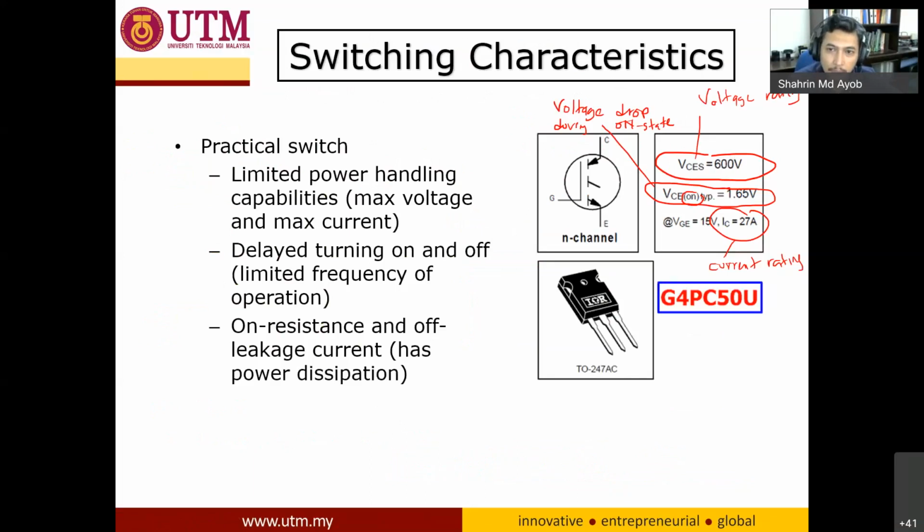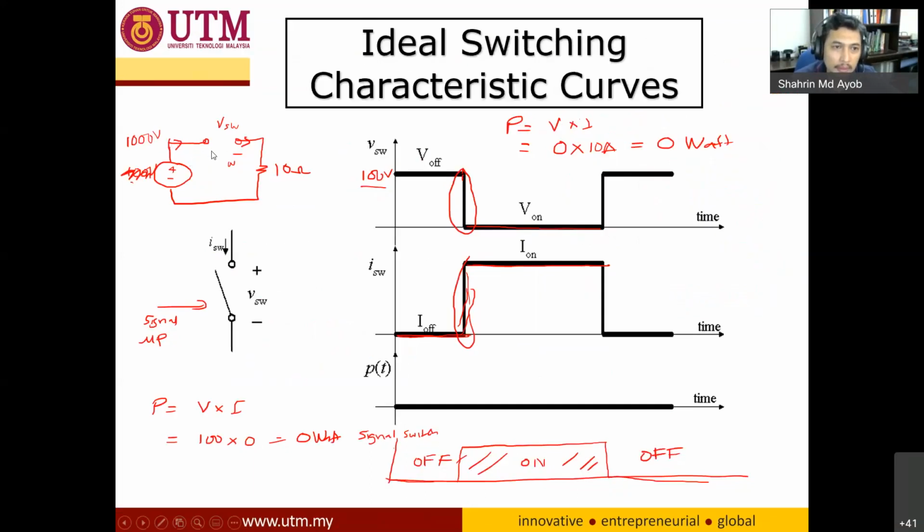For example, for this one, based on the KVL here, the maximum voltage that the switch needs to block is 1 kilovolt. So you need to find a transistor that has a voltage rating higher than 1000 volts.